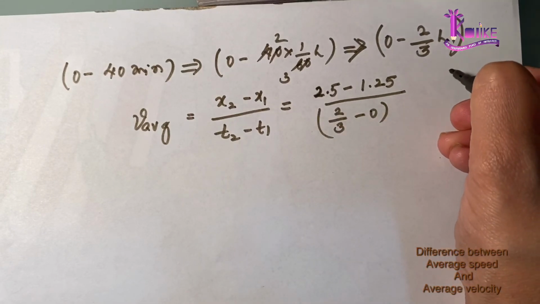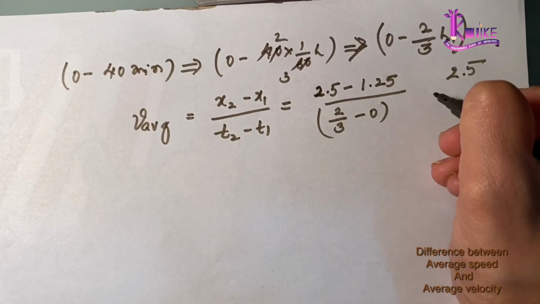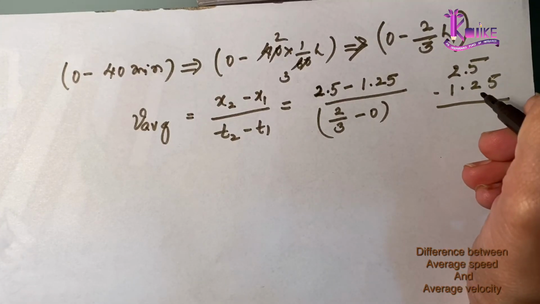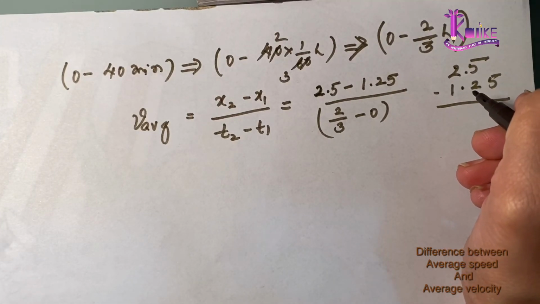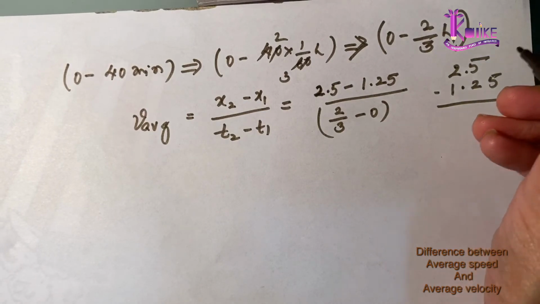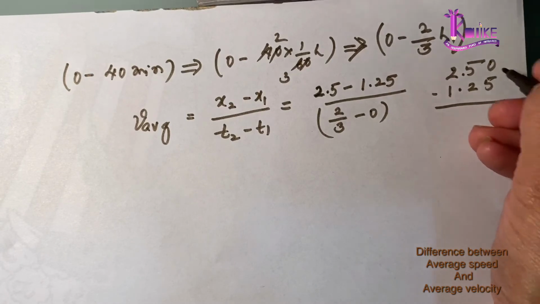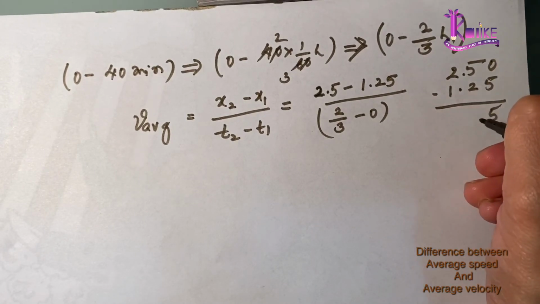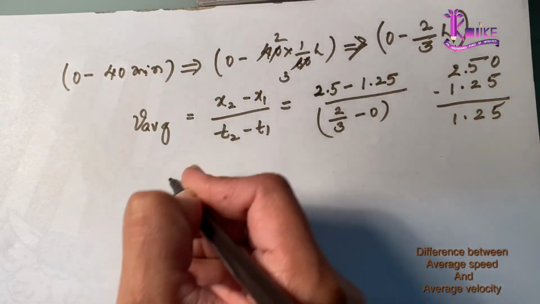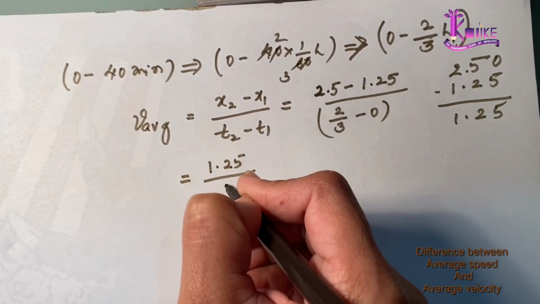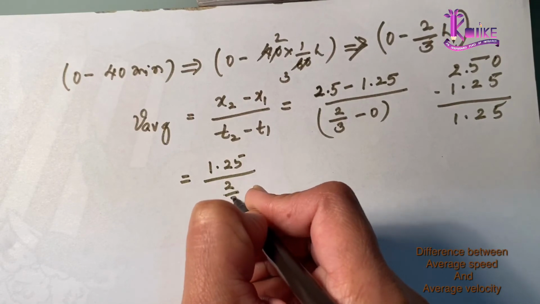Now let's subtract 2.5 minus 1.25. So that will be, so you have 5, 4 minus 2, it is 2. So again 1.25. So this will be 1.25 divided by 2 by 3.